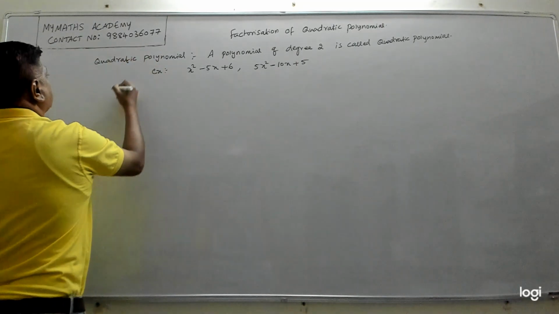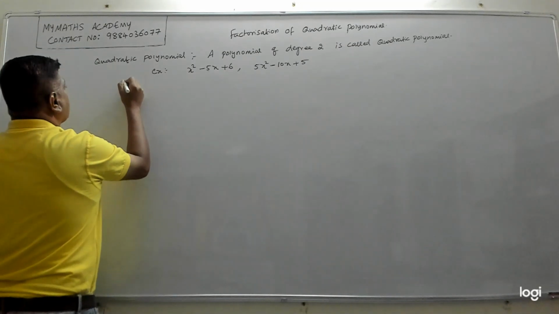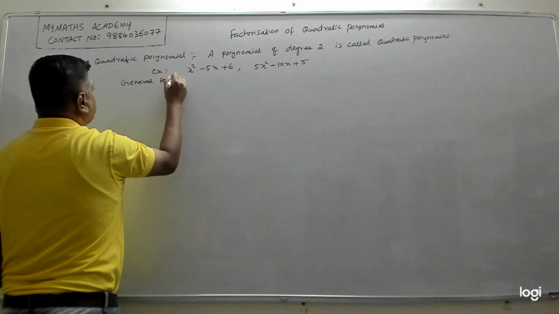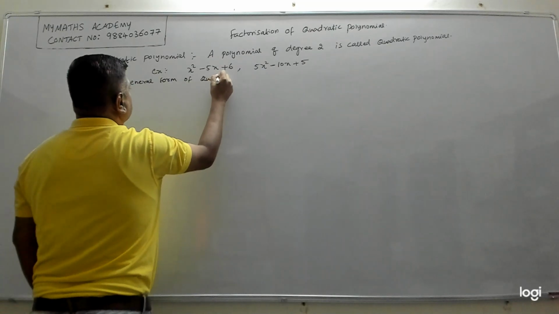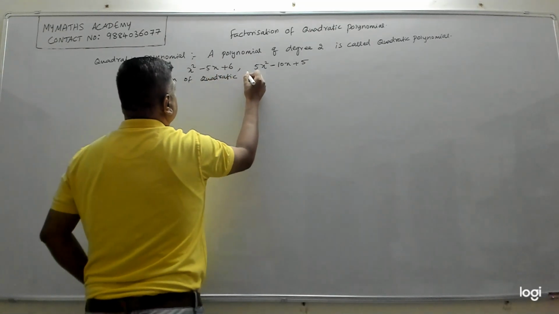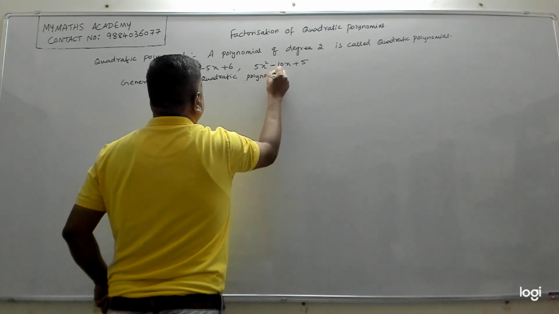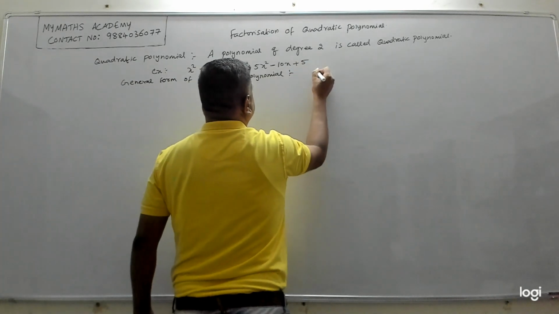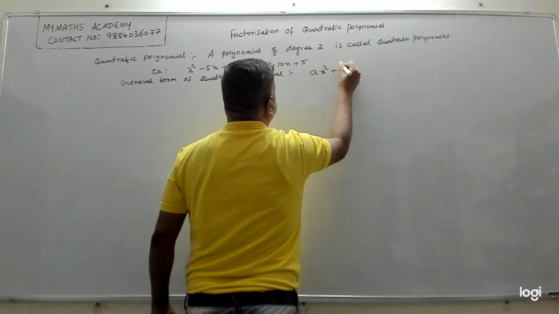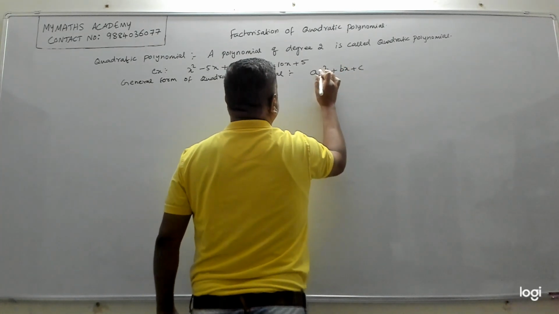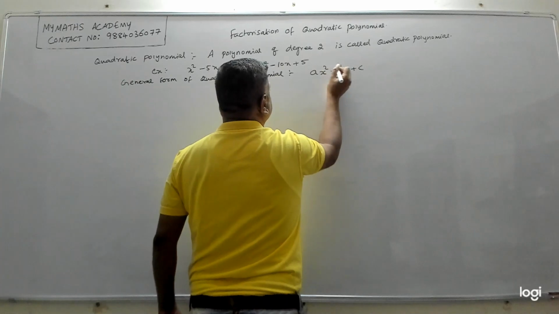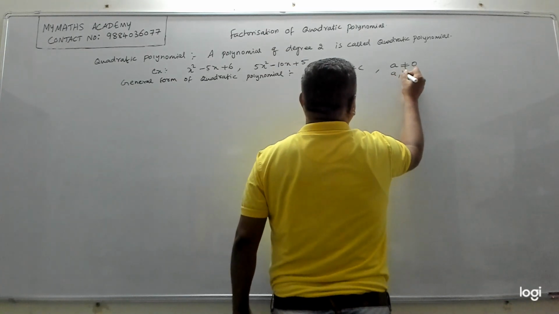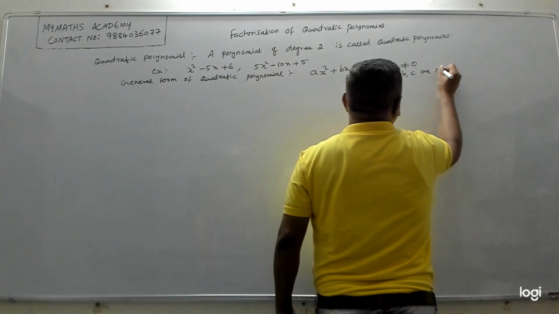Now, I write the general form of a quadratic polynomial. That form is ax square plus bx plus c, where a is not equal to 0 and a, b, c are real numbers.